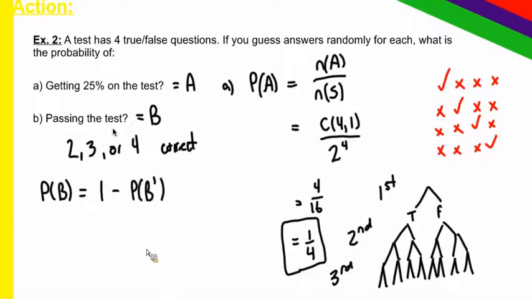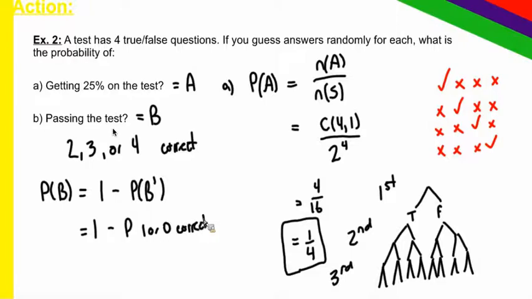I know that failing the test means that I either get no correct answers or 1 correct answer. And we've already done the calculation for 1. So to calculate this, I'm just going to take 100% and subtract the probability that I have 1 or 0 correct answers.